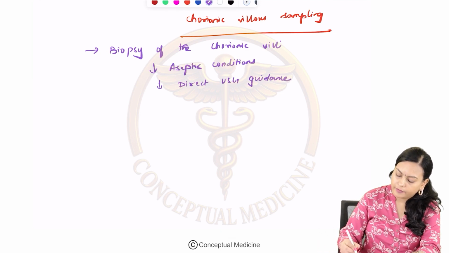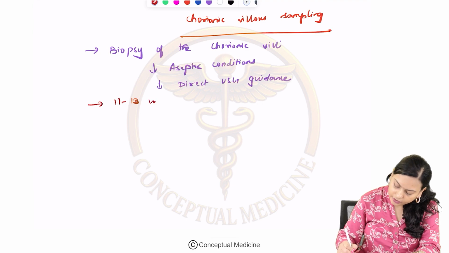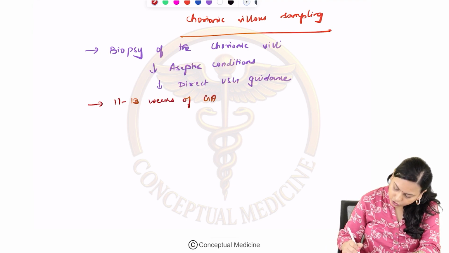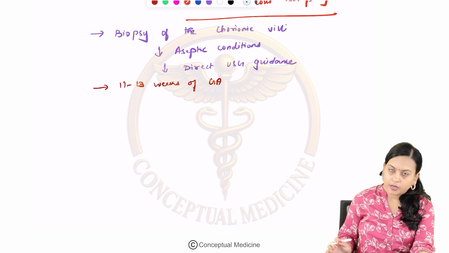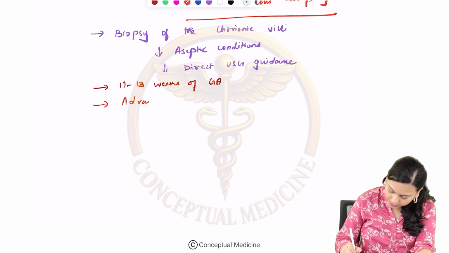And it is usually done between 11 to 13 weeks of gestational age. Now, what is the advantage of chorionic villus sampling?